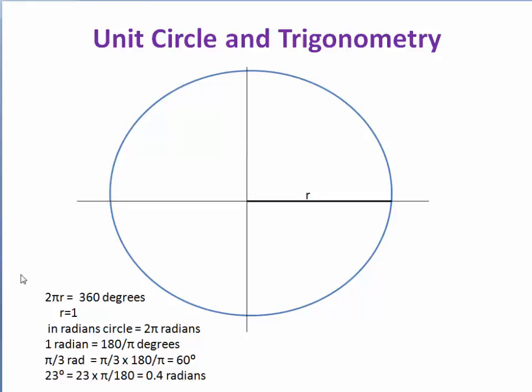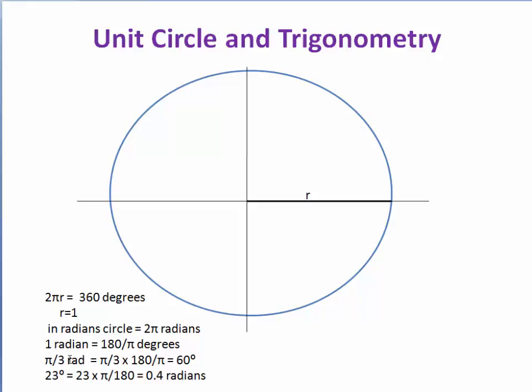So 2 pi r is 360 degrees, because that's proportional to the circumference, and where r equals 1, we get 2 pi. So in radians, a circle is 2 pi radians. 1 radian is 180 divided by pi degrees.